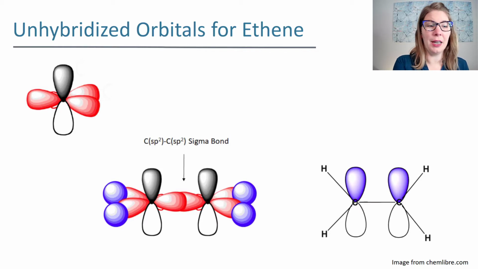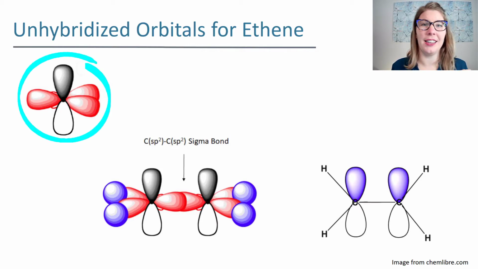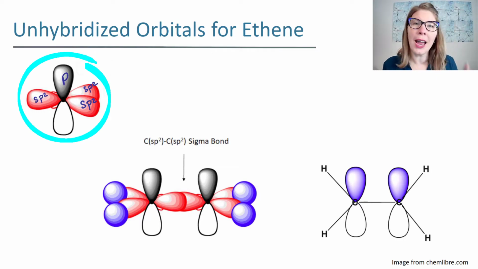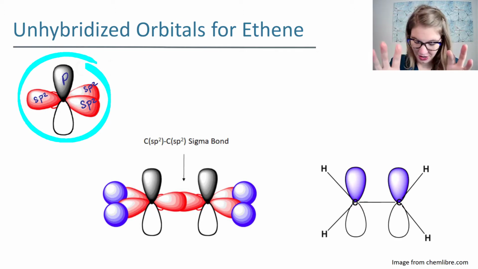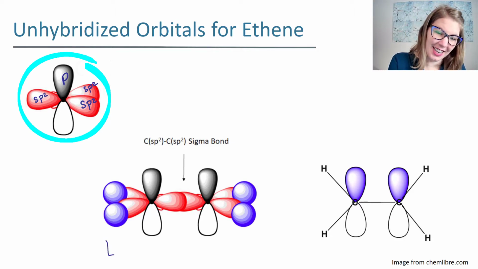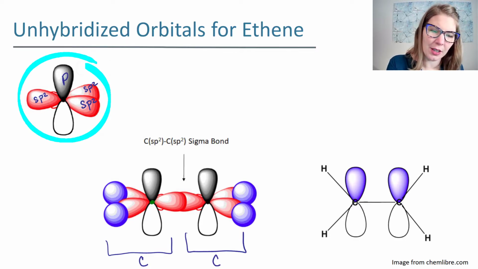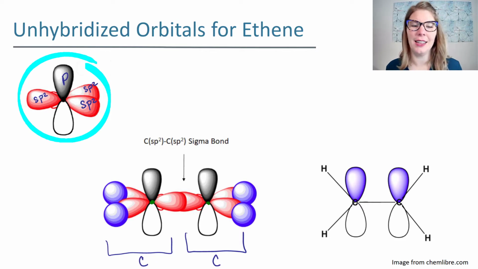I've got the same picture in the upper left-hand corner as I did in the last slide. Remember that this is your p orbital, this is your sp2, sp2 and sp2. What happens when you have one carbon overlapping with another carbon is this. So here's one carbon, and here's the orbital set for another carbon. Remember, the nucleus for the carbons are where I'm drawing these green dots.